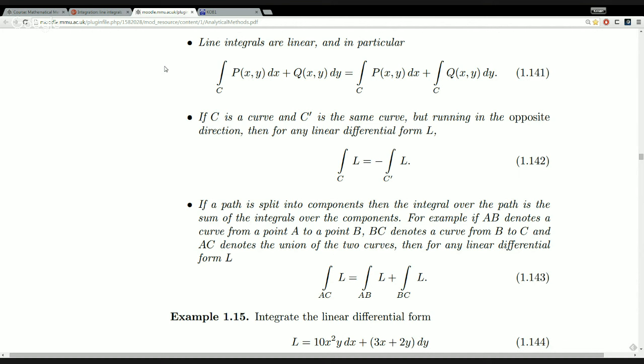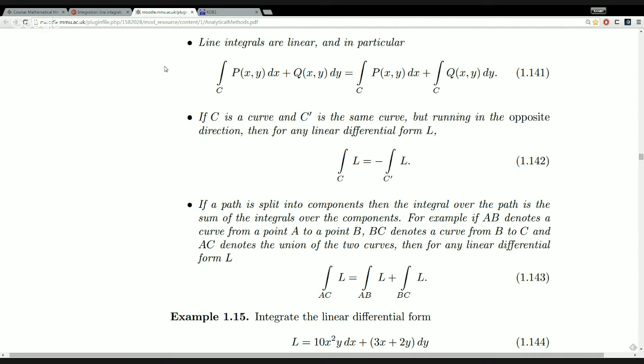Integrating along those two curves, either going along y equals x squared or going along the two straight line segments, they give you different answers to the integral, even though they're going from the same start point to the same end point. But that is really what we would have expected, because they're going through completely different points. Apart from the start point and the end point, there are no other common points in the two curves. They're moving over different parts of the domain of these functions that are appearing in the linear differential form L. So it's really no surprise that the integrals come out as different.